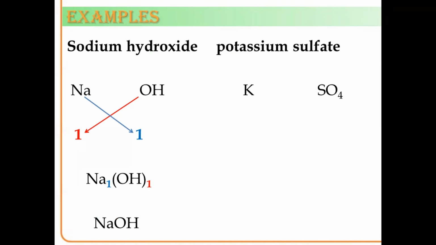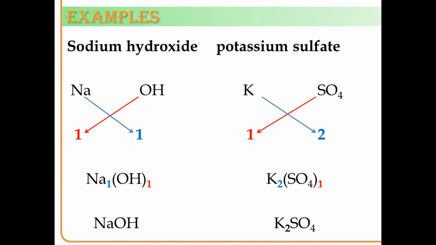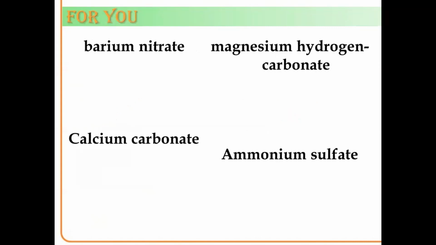Potassium sulfate, the symbols K for potassium, SO4 for sulfate, and we put down the valencies. We crisscross as before. We write the formula, K2SO4, and then the sulfate has a 1 in brackets. The 1 and the brackets disappear.